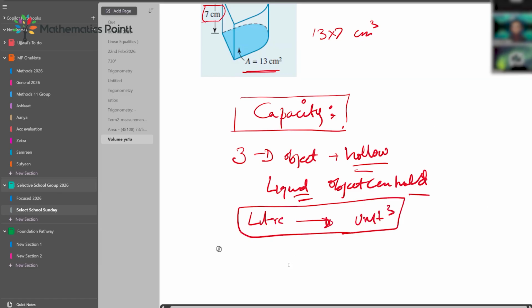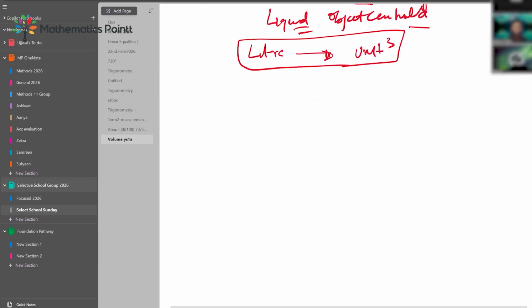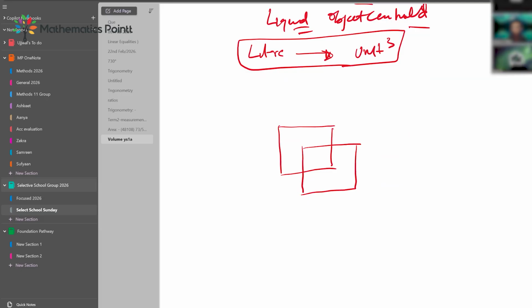So if I draw a, not the perfect one, but I'll try to, a square prism with 1 centimeter length, 1 centimeter width, and 1 centimeter height, what is the volume?